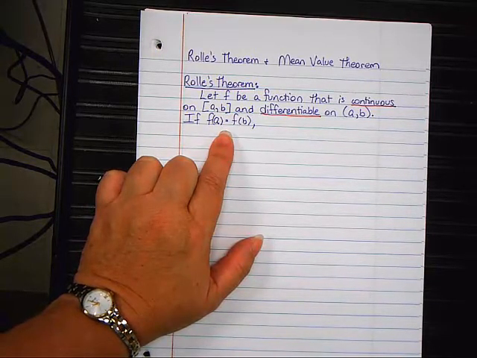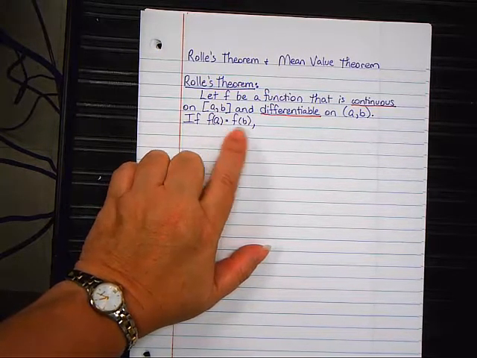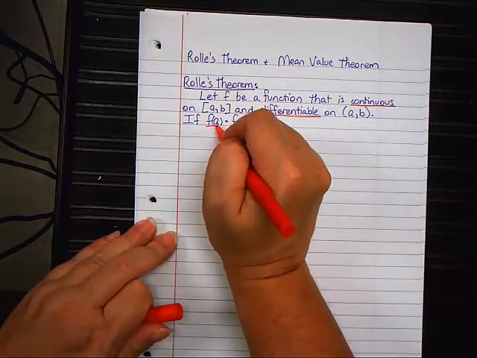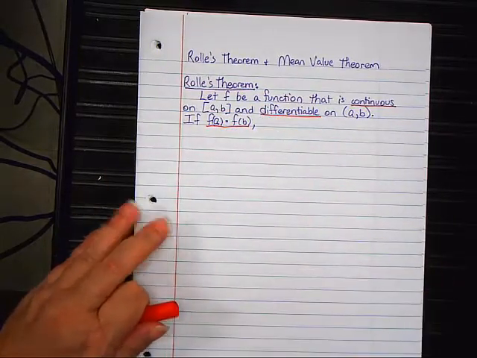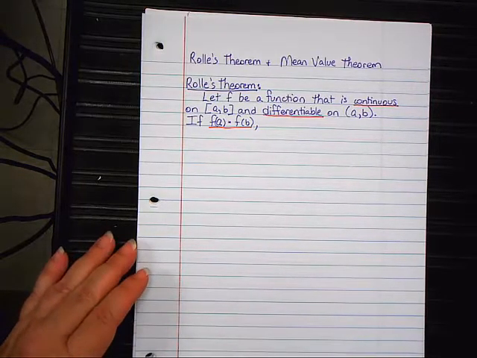They have the same y. When you have an a and a b, they have the same y value. Is that what that says? Yes. So that is the third criterion. It has to be continuous, it has to be differentiable, and the y values at a and b have to be the same number. If all three of those happen, Rolle's theorem will apply.